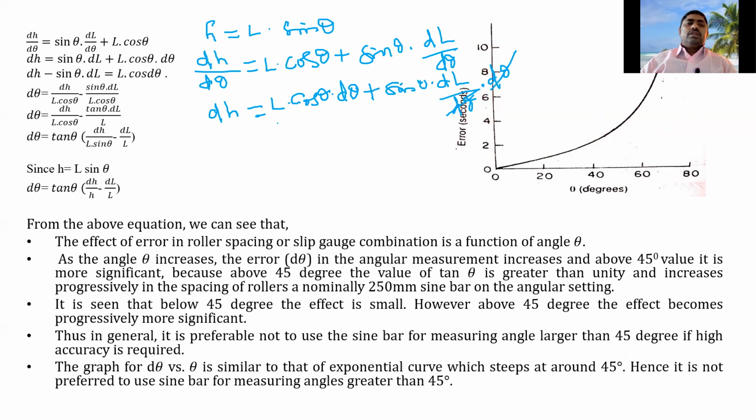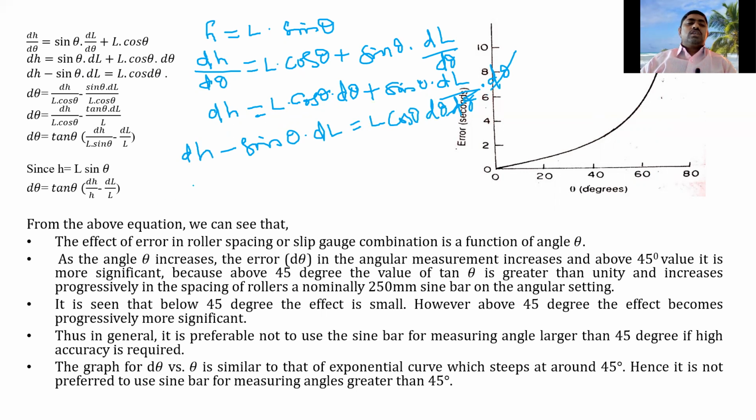You will get dH is equal to L cos theta d theta plus sin theta into dL. So from this you can write dH minus sin theta into dL is equal to L into cos theta into d theta.